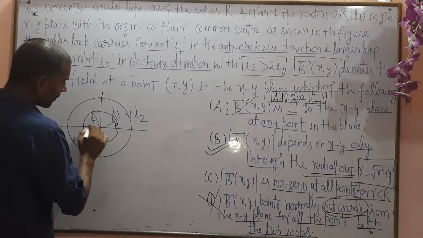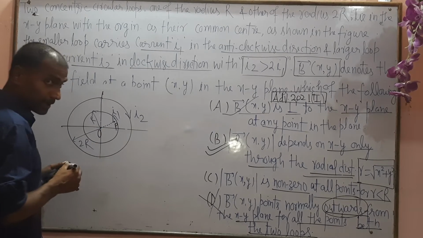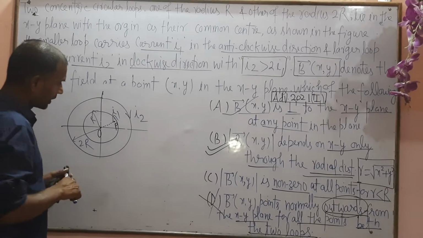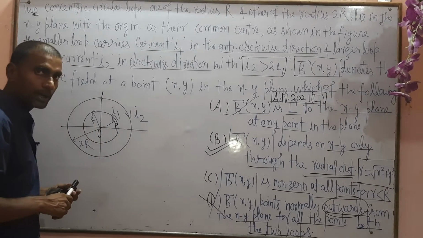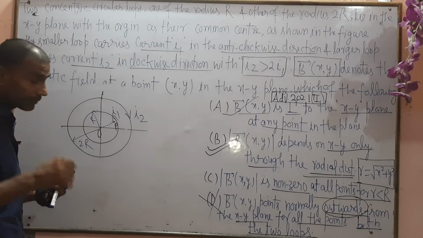Now we want to find the direction of the magnetic field, the net value of the magnetic field at the O point. Listen carefully.